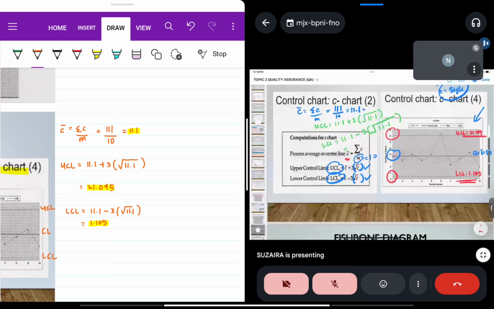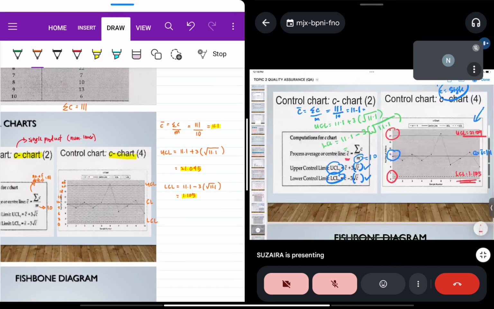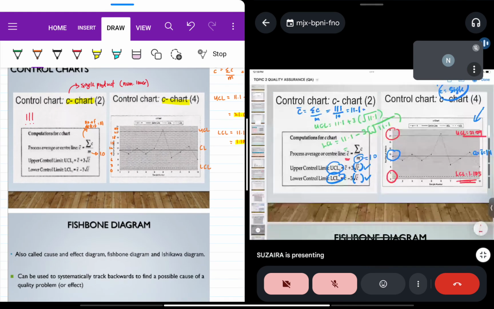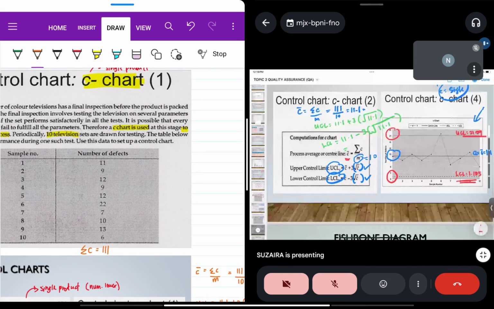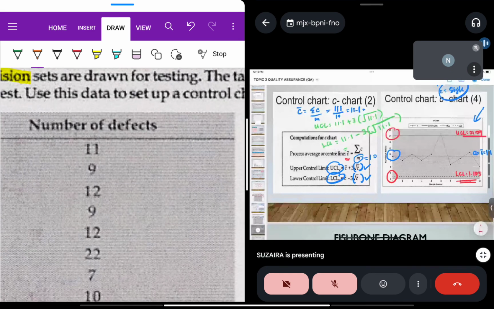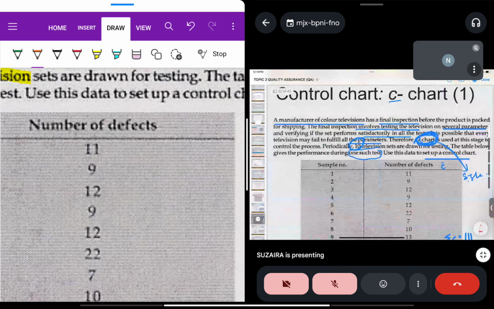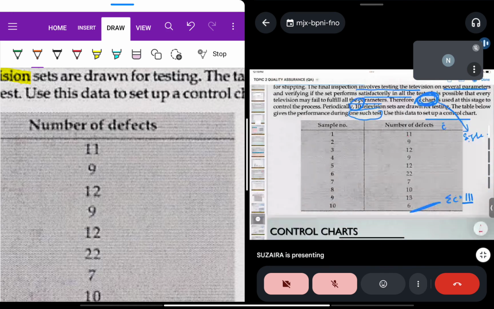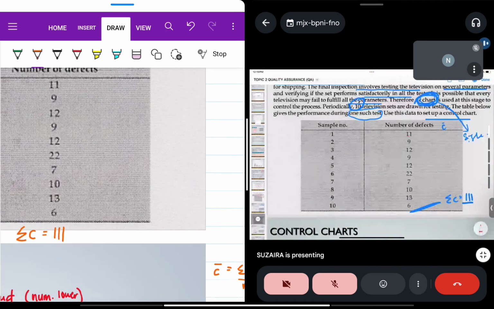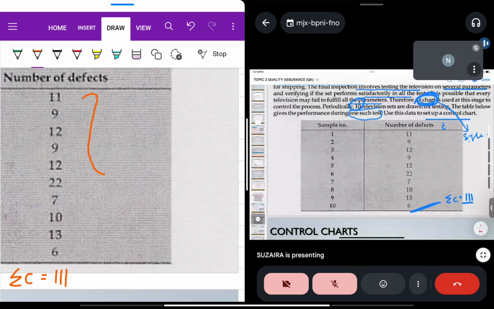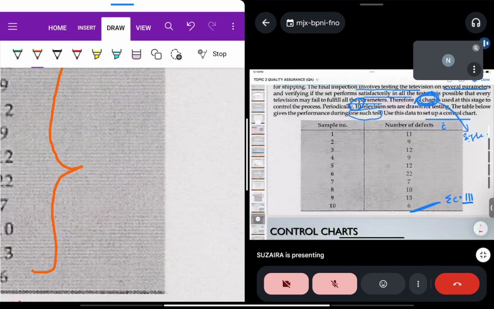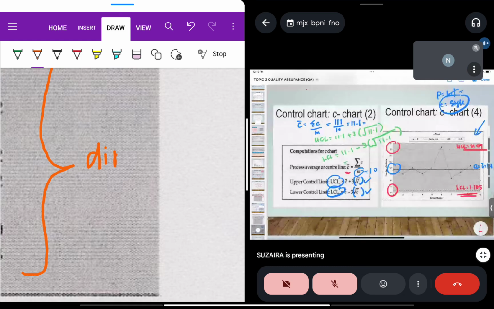You have the upper and also the lower limit. And directly, straightforward, we need to plot the defects for each of the samples, where just now we have 10 here. Then you just plot 11, 9, 12, up until 6, because this one is direct. You don't need to divide by 10, because this is a single product.